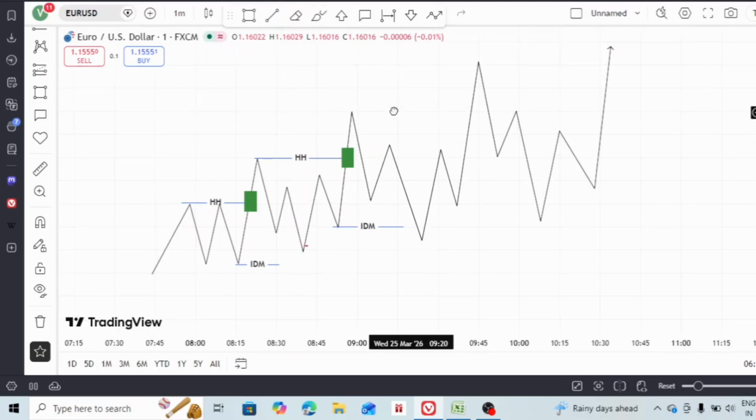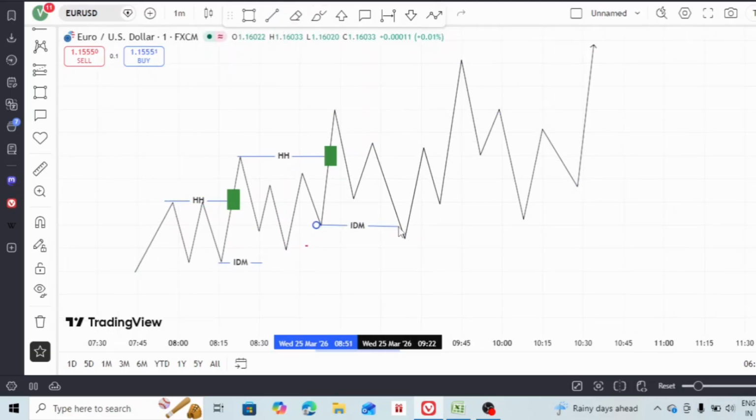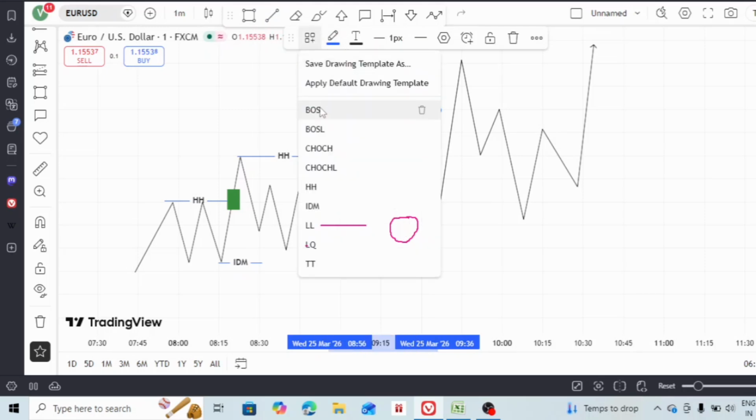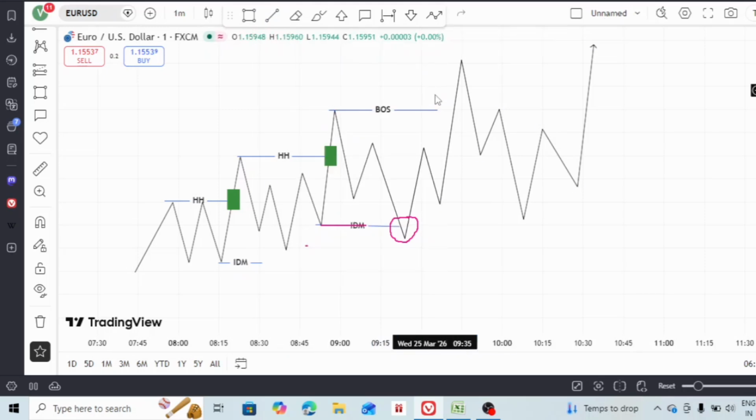If you look here, this inducement level has been mitigated. After the inducement level has been mitigated, we find our break of structure level. The highest point will be the break of structure level, right?